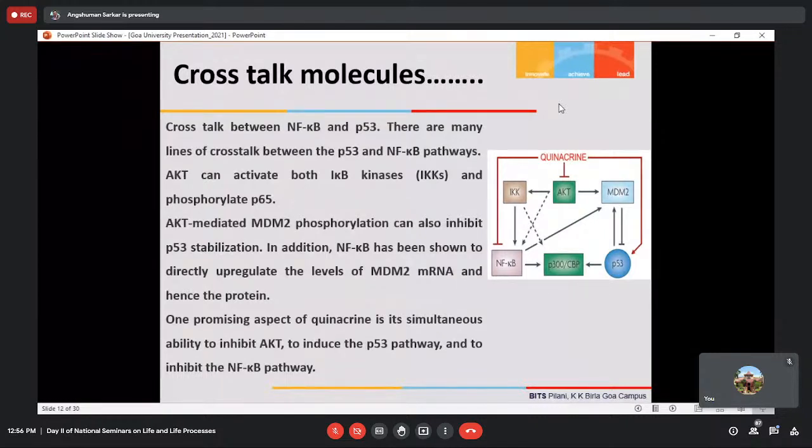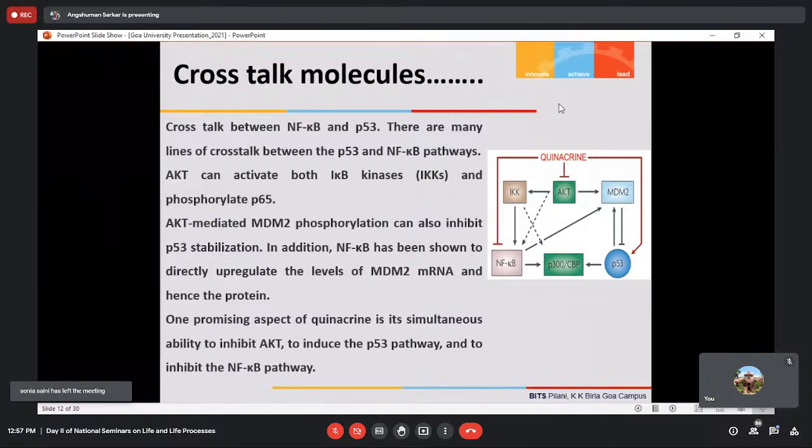And there are different pathways or signaling cascades where AKT can be activated by I-kappa B and I-kappa, as well as through the phosphorylation of P53 through P65.